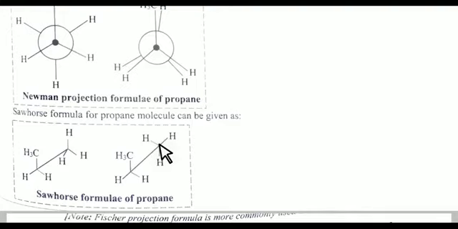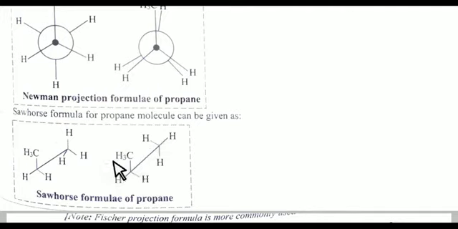So students, these three bonds are the bonds attached to the front carbon, the lower carbon, and these bonds are attached to the rear carbon. So this is the front carbon and this is the rear carbon.